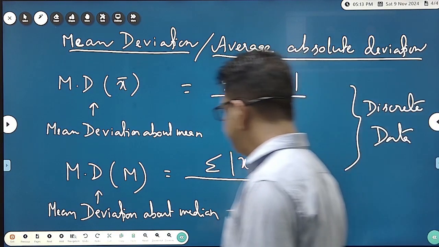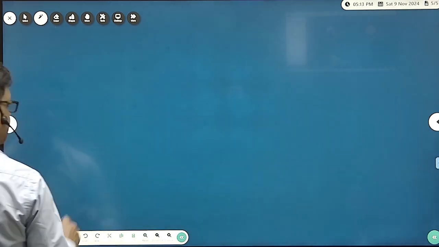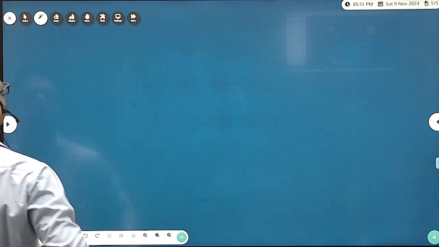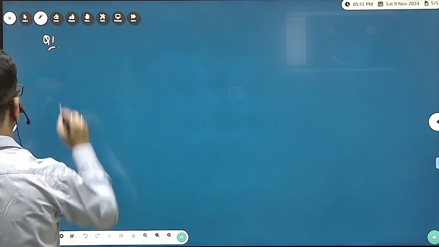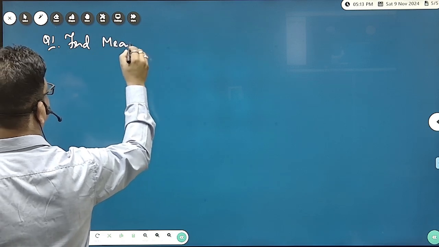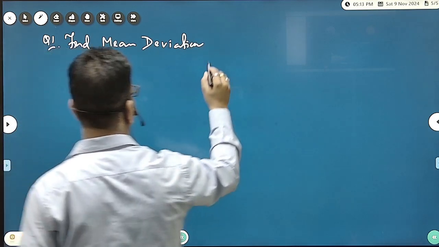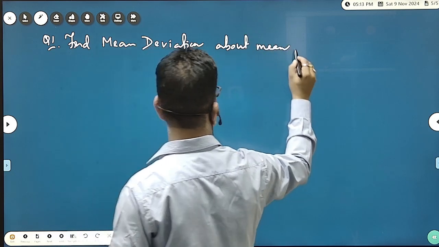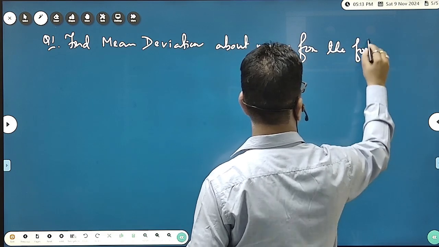Okay, so can I start an example? Is it over? So very first question 1: find mean deviation about mean for the following data.